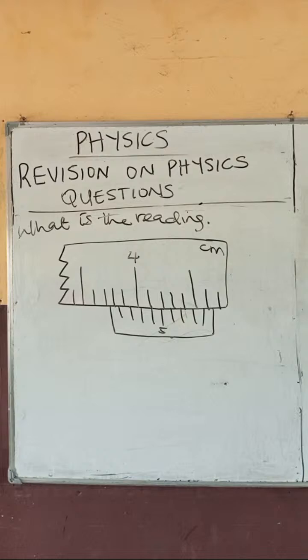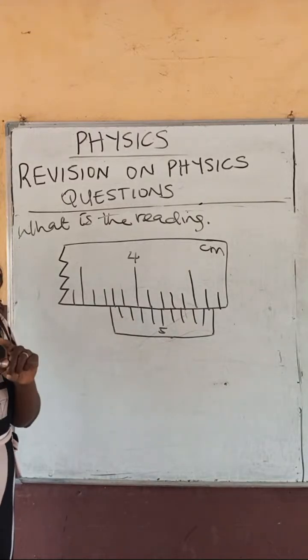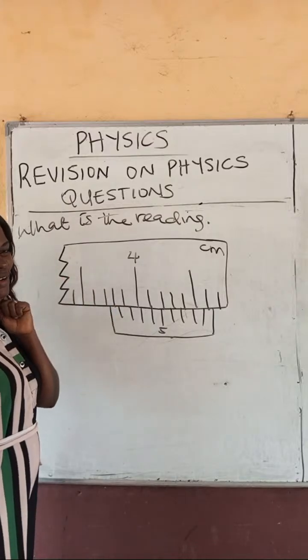All right. Let me solve so that we can compare our answers. What is the reading? This is a question of a Vernier Calliper. This one looks somehow confusing from what you already know. Now, this is 4 centimeter, right?